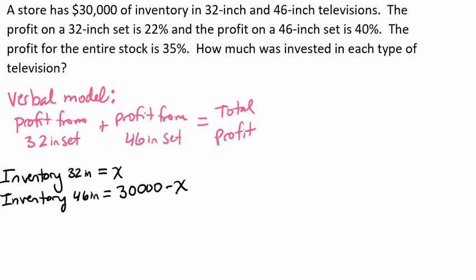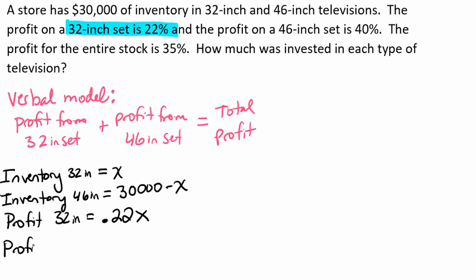So now what about our profit? Well, we know that there's a 22% profit on a 32-inch television. So our profit from a 32-inch is going to be 0.22, because 22% as a decimal is 0.22, times each television, which is our x.